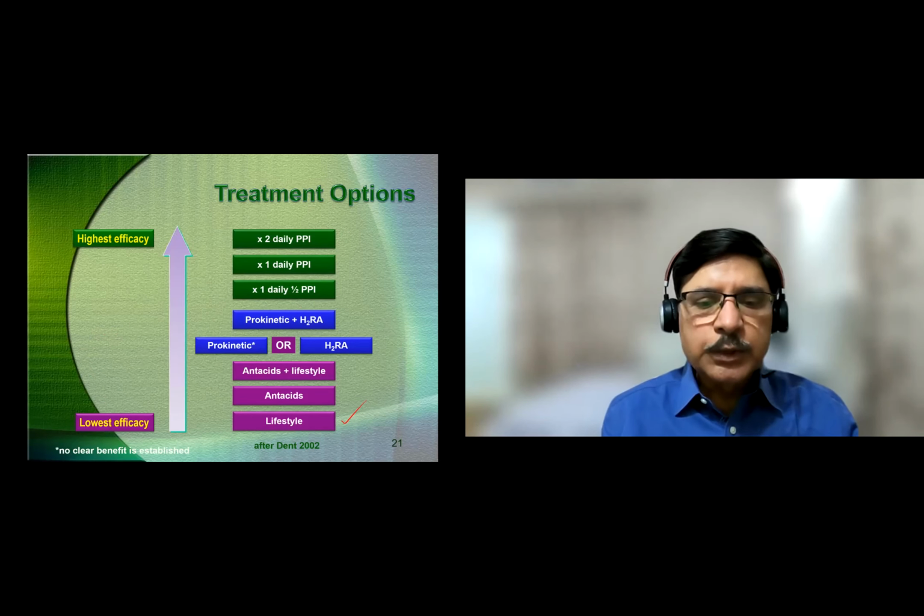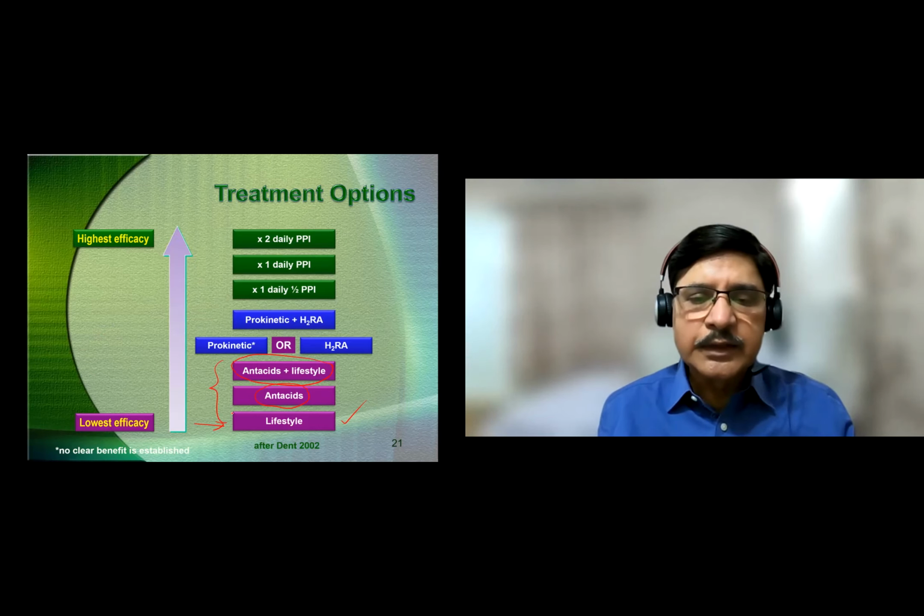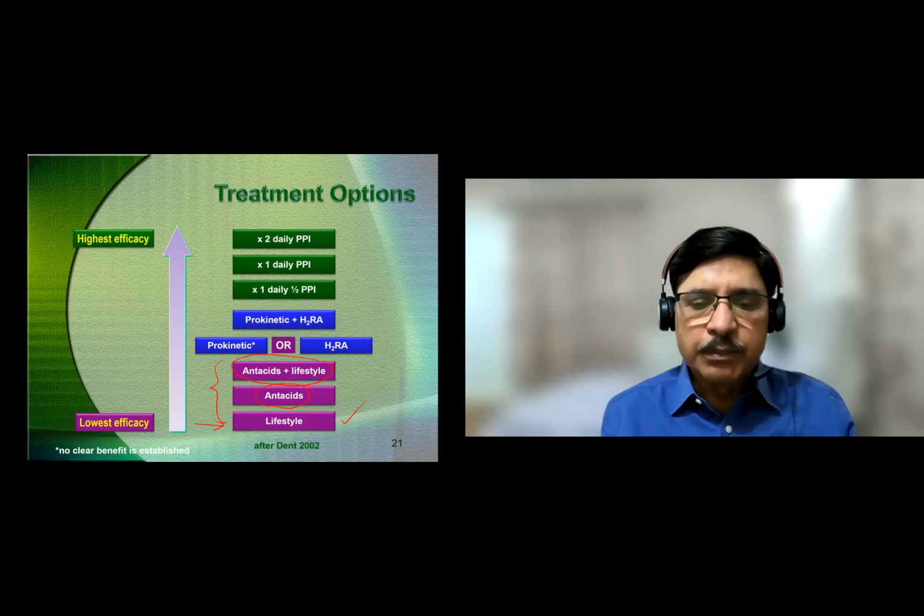So what are the specific measures? Lifestyle measures, lowest efficacy. They are required, but they are not sufficient. Then antacids might relieve, or antacids plus lifestyle. This is commonly what the patient practices. He may not practice lifestyle. He takes antacids. Maybe he will cut some weight or whatever it is.